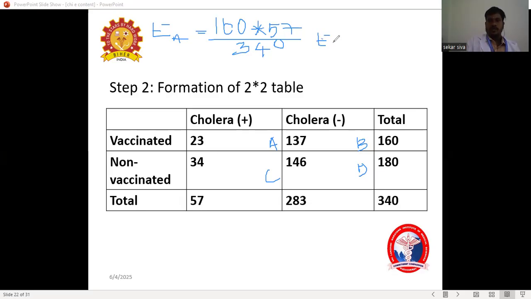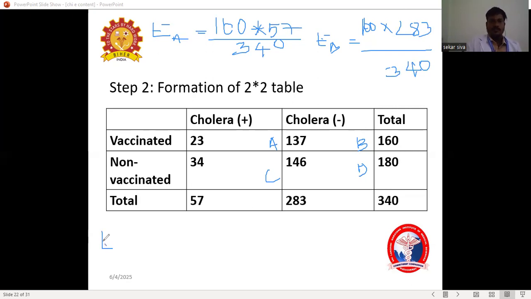For expected value of B, row total is 160 into column total 283 divided by 340.